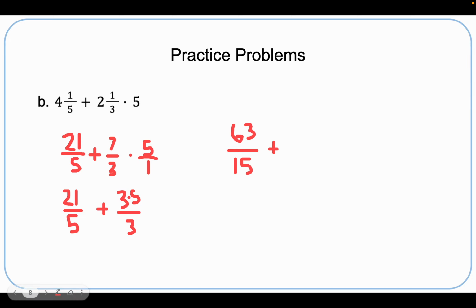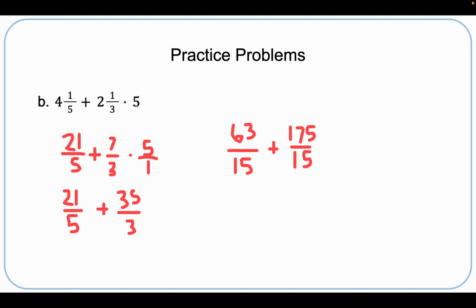Plus our second fraction we're multiplying by 5 over 5 to get that common denominator of 15. And then 35 times 5 is 175. 3 times 5 is 15, plus 2 is 17.